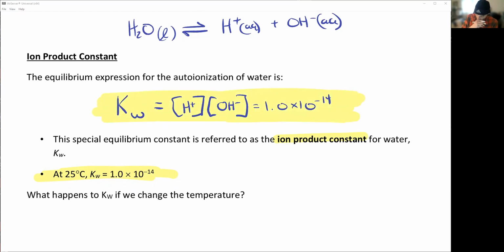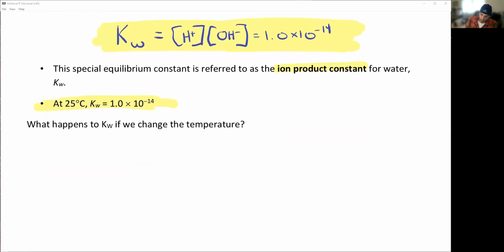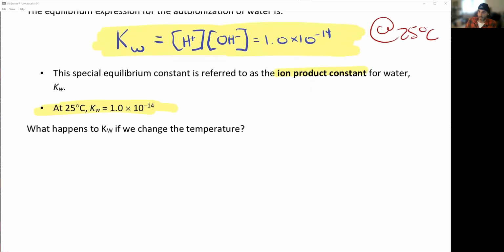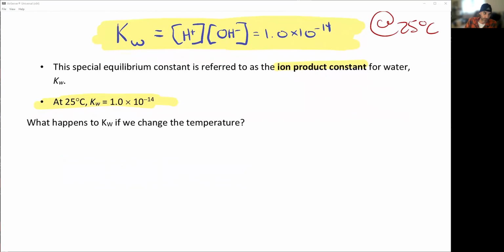And there's a very important reason you need to know this, and we're going to walk through it in just a second. By the way, this is a constant that we're going to use, but this is only true at 25 degrees Celsius. What happens to Kw if we change the temperature?